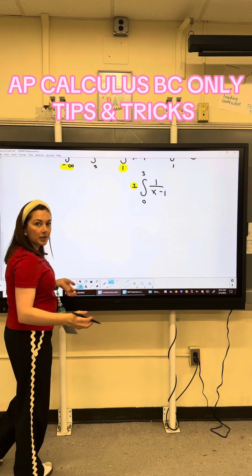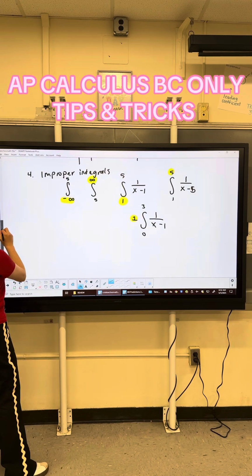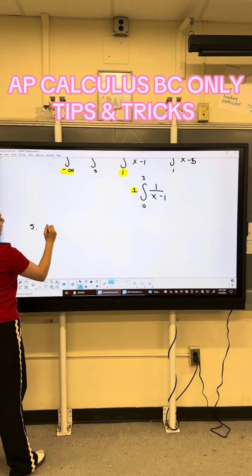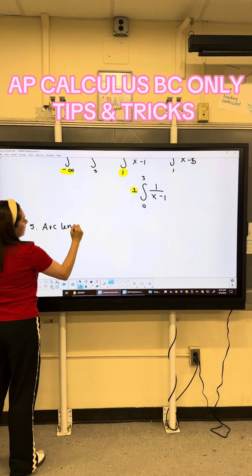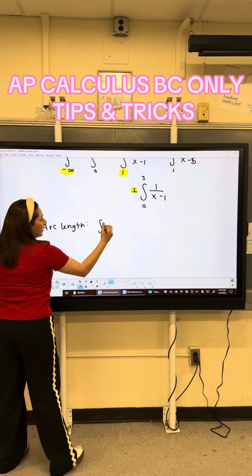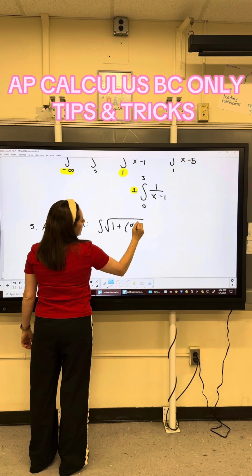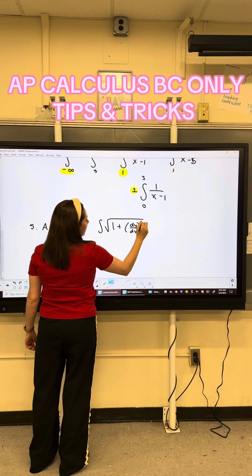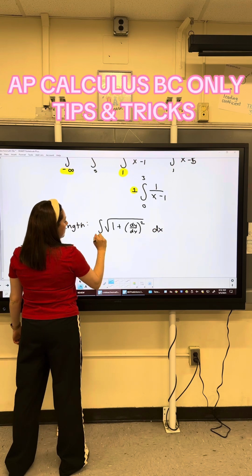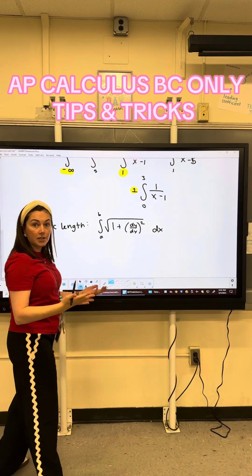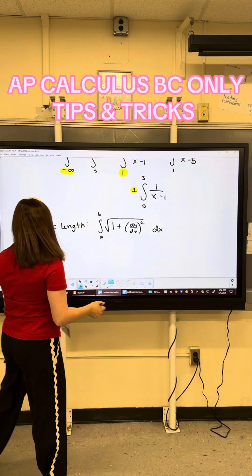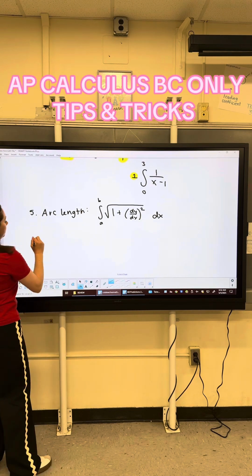You need to know parametric. Okay, parametric is going to be on there. Oh, let's do arc length first. Arc length is the integral of the square root of 1 plus dy dx squared from a to b. They could just say, what's the arc length? Parametric and polar.